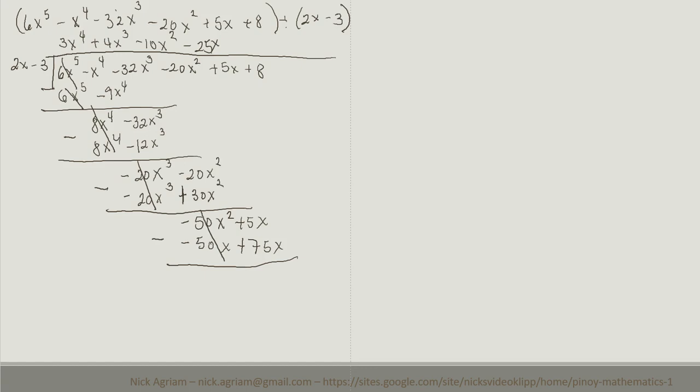We have 70x. That's negative, plus 8. So we have negative 70x, that's 35. I have negative 70x plus 5.